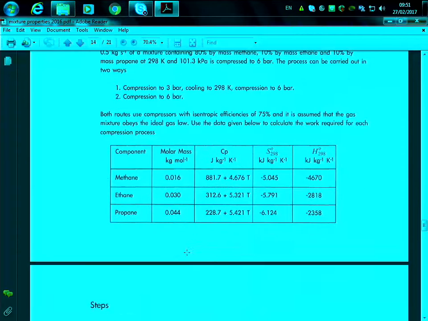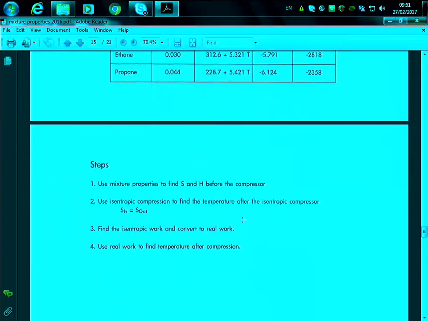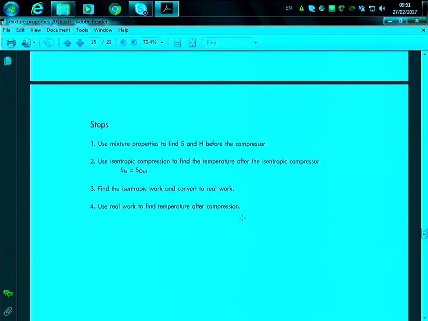Once we have the mixture properties, then we will calculate the compression using isentropic compression to find the temperature after the isentropic compressor. Find the isentropic work to convert to real work, and use the real work to find the temperature after compression.